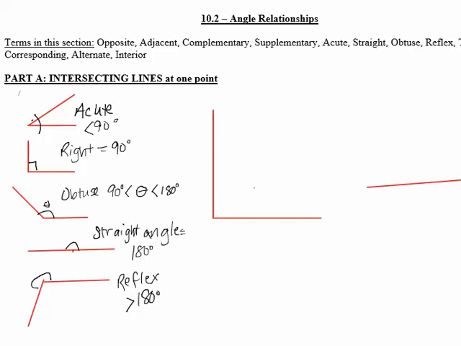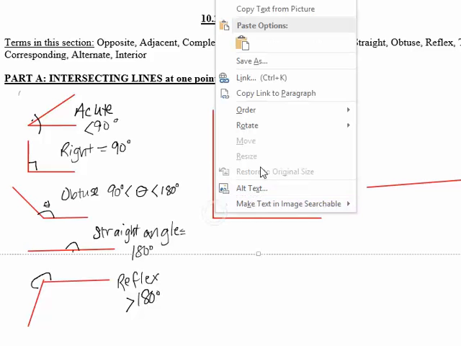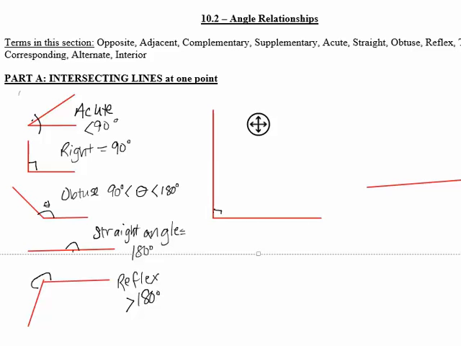Now we have two intersecting lines here, and it creates what we see here as a 90-degree angle. And what we could do is, if we find that we have another line within there, we can predict then the measurement of these angles.